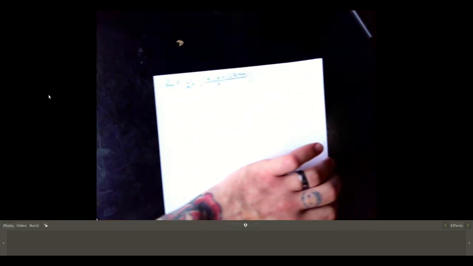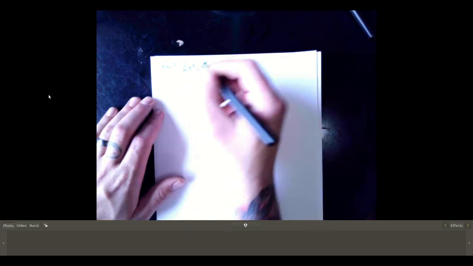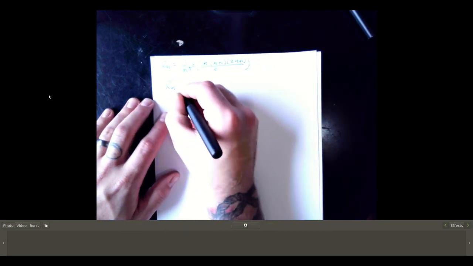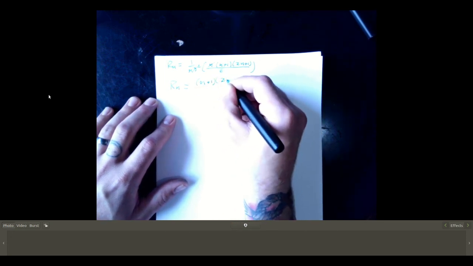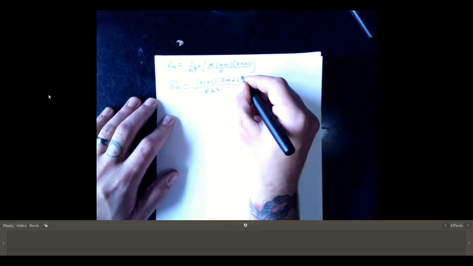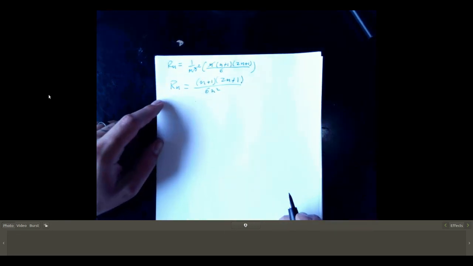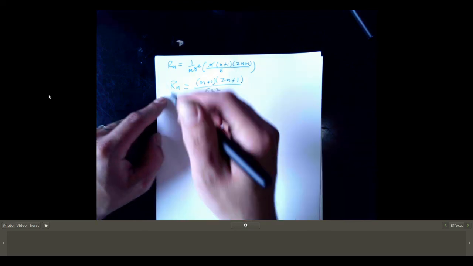We can simplify this. One of these n's will cancel out with that n, and we get r sub n equal to n plus 1 times 2n plus 1 all over 6n squared. So what we wanted to do was show the limit as n goes to infinity of r sub n is equal to 1/3.